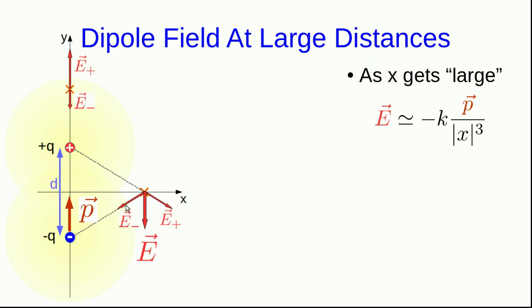However, if you think about how they are oriented relative to each other as you look at larger and larger distances from the dipole, you see that they get closer and closer to pointing in exactly opposite directions. And so they're canceling each other out to a larger and larger extent. That's why the dipole field falls off faster, 1 over distance cubed, than the field due to an individual charge, which falls off as 1 over distance squared, because there's this extra cancellation going on.